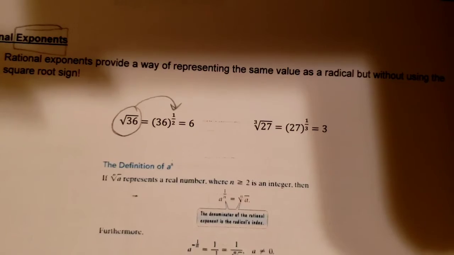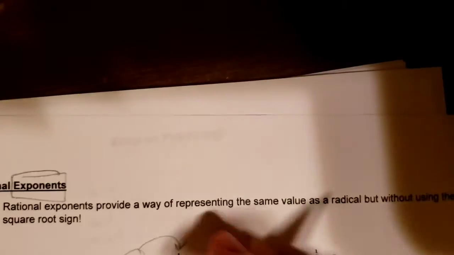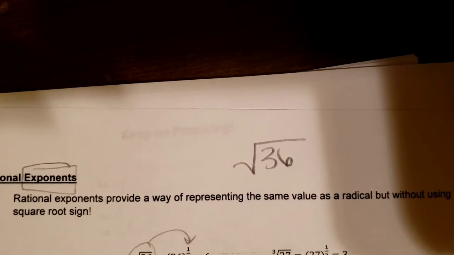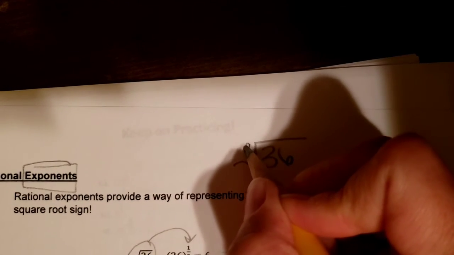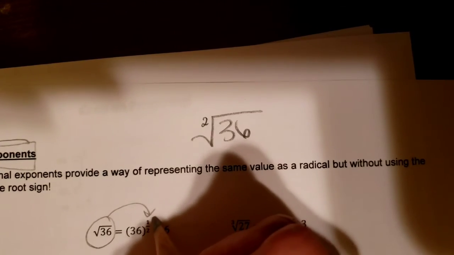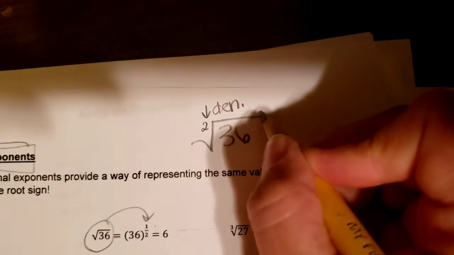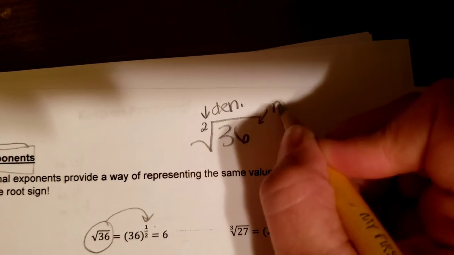What we want to understand is the exponent that is created. Your usual plain square roots like this one have an understood index of 2. When you create the exponent, the index becomes the denominator of your exponent, while the power becomes your numerator.